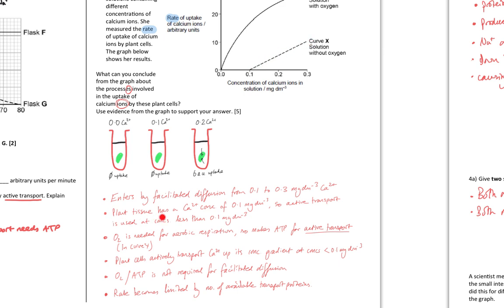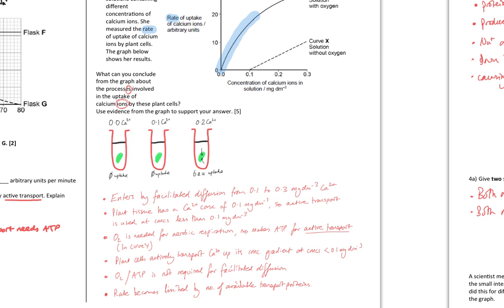I then put plant tissue has a calcium ion concentration of 0.1. So active transport is used at concentrations less than 0.1. So when it's here, in this bit of the graph, let's just get my highlighter again. So up to about there in the graph, it's doing active transport. So that is just up to about that point there.